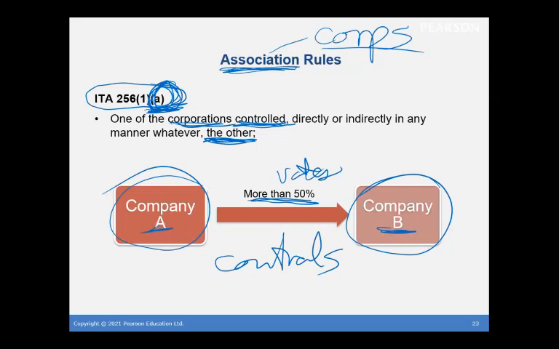Are they associated for purposes of that small business deduction? Meaning, do these companies have to share it? So in this case, company A controls company B. They're considered for this purpose to be basically one company. They've got to share that small business limit. So that's scenario number one, or scenario letter A.